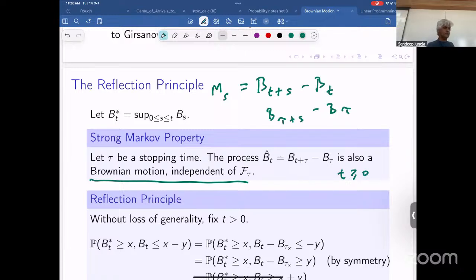That's all you need. You can just shift it back. I give you a path, I chop off the first tau, at the stopping time, and just take the path thereafter. That's simple. And then you expect this to be true. It's one of those things that, if somebody proves it for you, it's not a big deal. It had to be true.